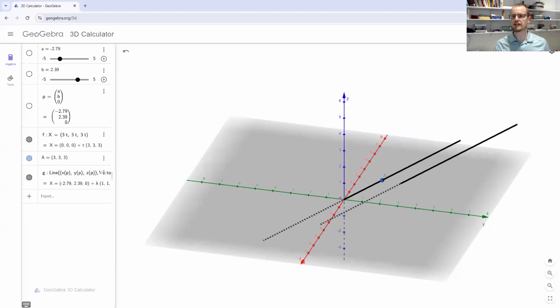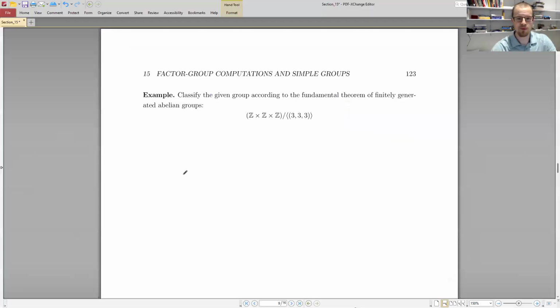Probably the easiest way to think of this is by returning back to our notes here a moment. If I were to plot the point 0, 0, 0, so I'm going to embed this in two space here. So 0, 0, 0, and then up here I have the point 3, 3, 3, and my line passes through these.